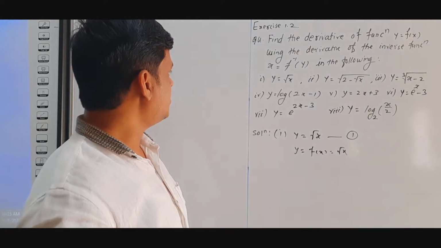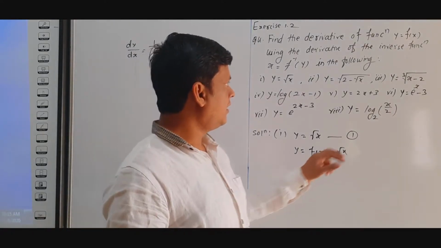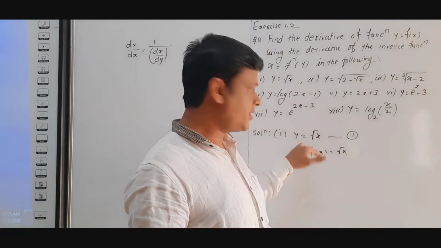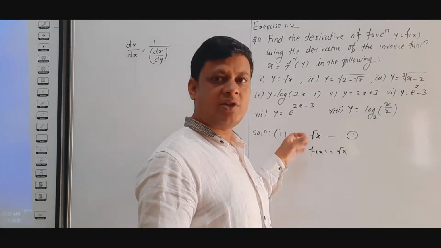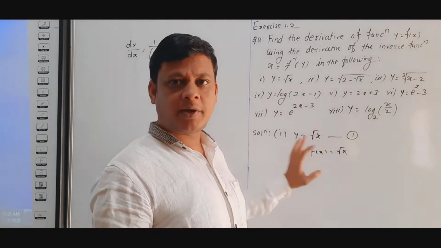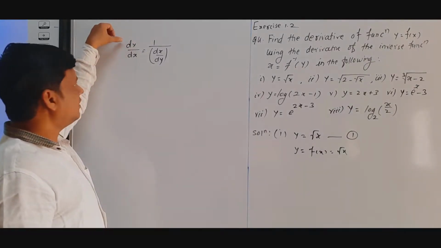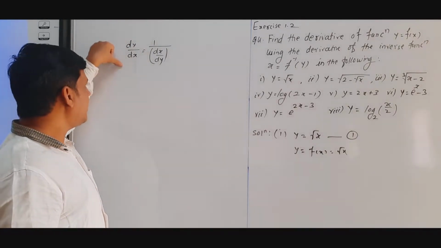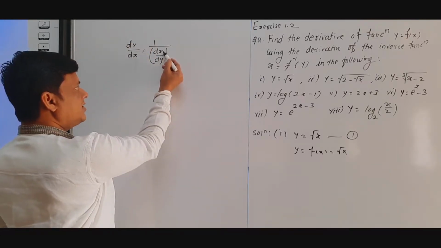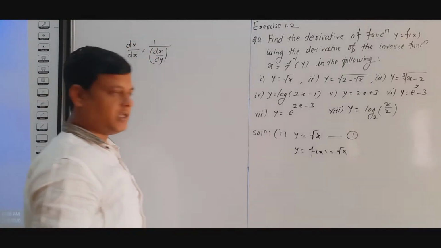Now in this question we have to find the derivative of this function, but instead of finding the derivative of y with respect to x directly, we have to find the derivative of x with respect to y. That means we have to use this concept, dy by dx is equal to 1 upon dx upon dy. That means we have to differentiate x with respect to y here.